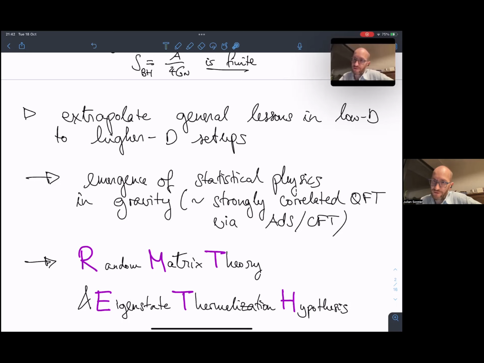And if the thermal state corresponds to the black hole, then there is certainly something weird going on. But I don't think it means that there isn't a black hole. What it means is probably that it's not generically approached from a high energy initial state. Thermalization in integrable theories in some sense either doesn't happen or is more subtle, in the sense, for example, that you might thermalize to a generalized Gibbs ensemble.